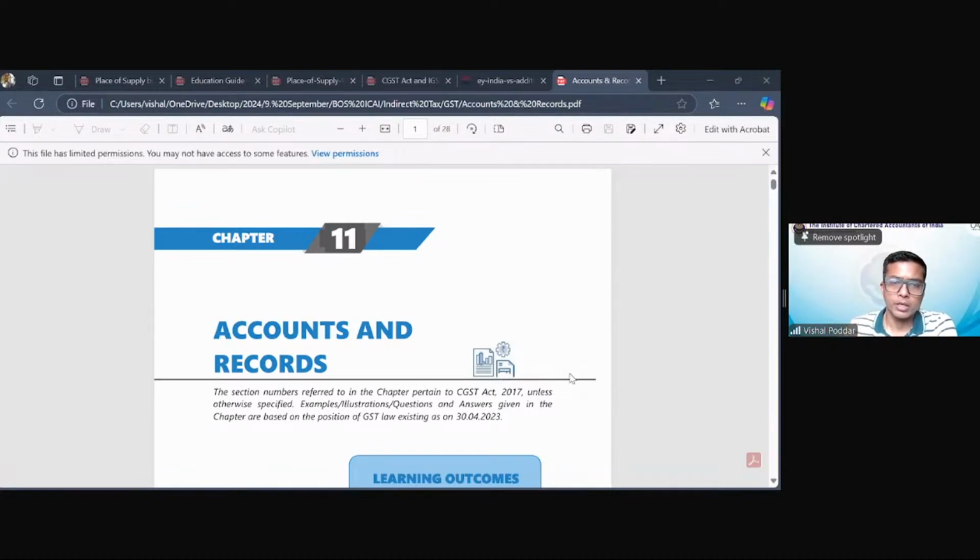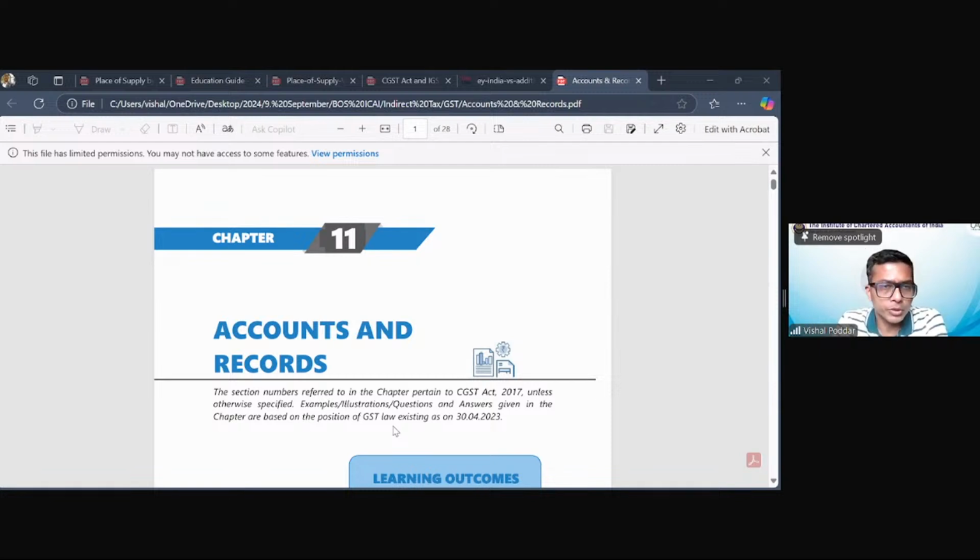Just answer me yes or no. That is preparation of invoice, preparation of delivery challan, and preparation of debit note, credit note. Perfect. So let us then start with some of your doubts first in GST, and then we will take ahead this topic. This is a small topic and not a very technical one either.